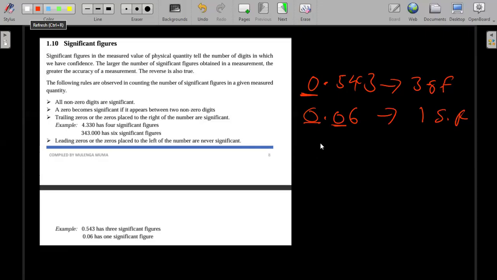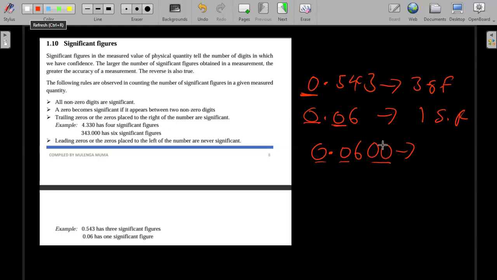Now what happens if you are having a number looking like this? How many significant figures are we going to have in this number? In this case, these are trailing zeros, and these are leading zeros.